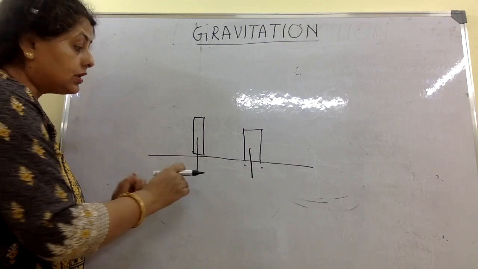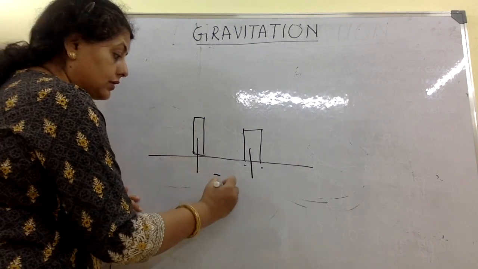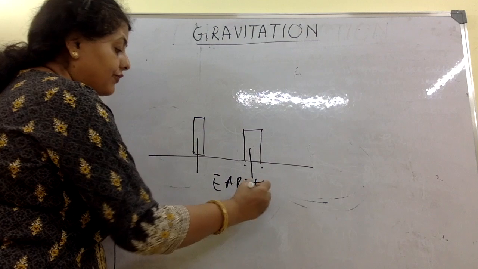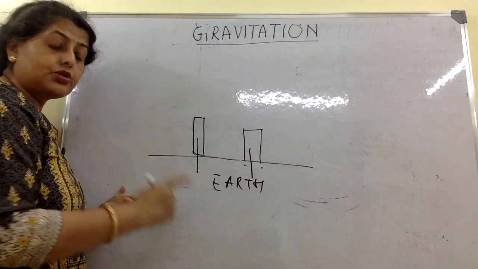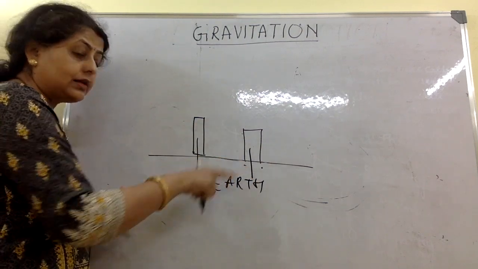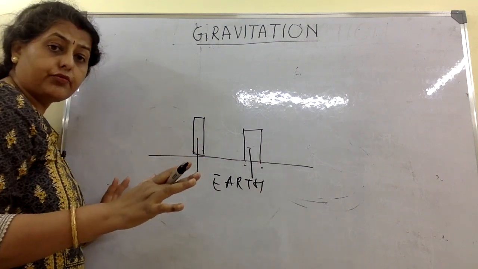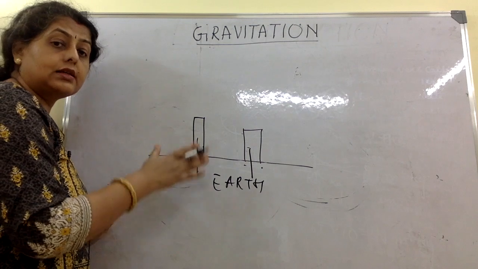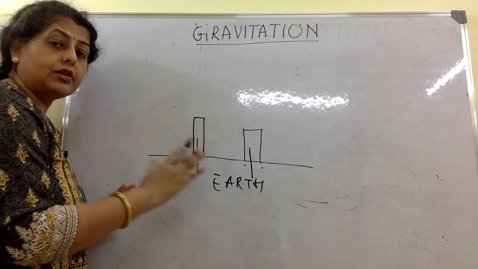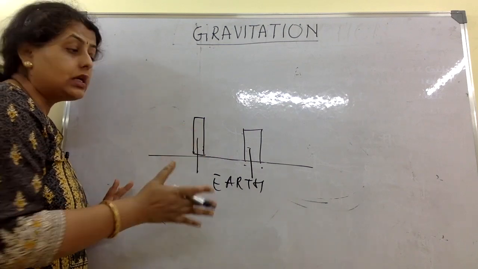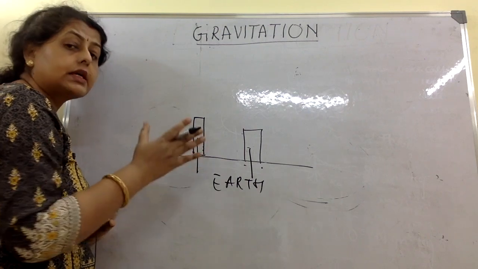The earth is giving a big force to these two, pulling so hard that they're pinned down. Whatever force is acting between them, they can't move. That is the reason we don't see any bodies around us moving towards one another: the force of gravity of the earth is huge.